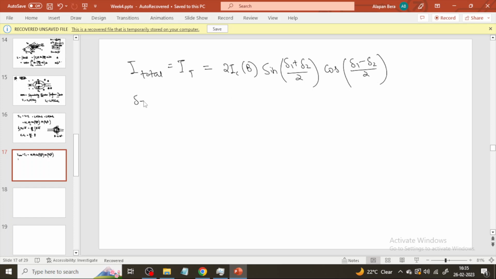We have derived that delta 1 minus delta 2 is 2 pi by phi naught times phi.